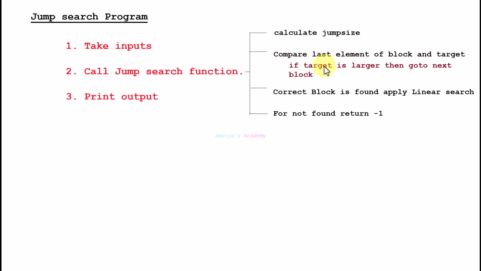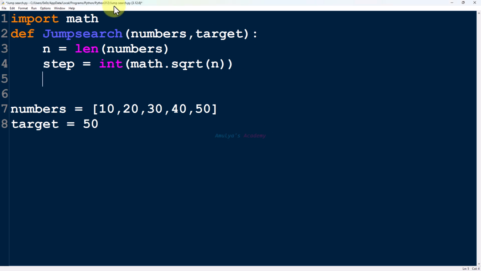So for that, I'll use a while loop. I'll use while and I'll compare the last element of block with the target element. If target element is greater, then we'll go to the next block and we'll again compare the last element of that block with the target element. So we can write it like this: while numbers, that is the list name.